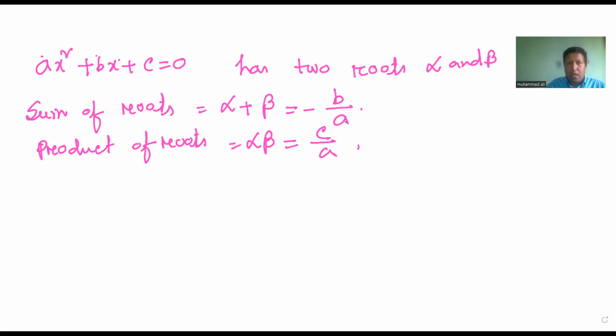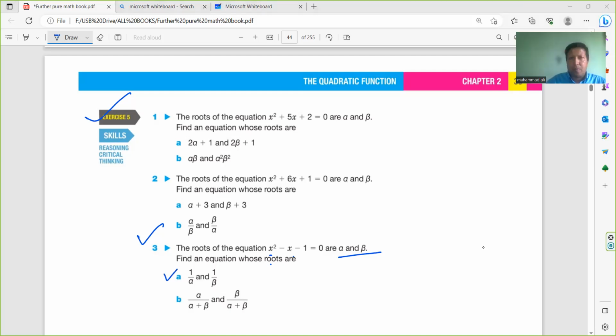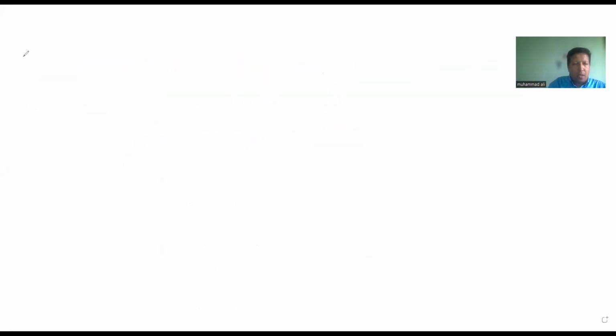Okay. Now see, question number 3, the roots of the equation x square minus x minus 1 equals 0 are alpha and beta. We have to find a new equation whose roots are 1 by alpha and 1 by beta. Now, exercise 5, question number 3.